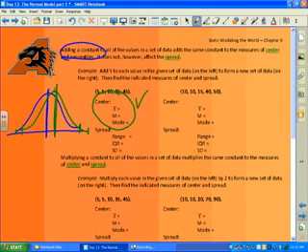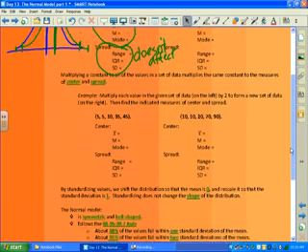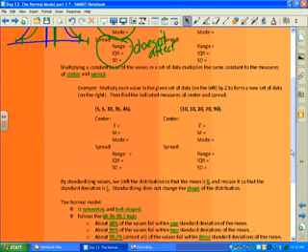So if I add, it would affect the center, but it doesn't affect the spread. So it affects where the center is, but it does not affect the distance from the highest to the lowest. Okay? Questions there?